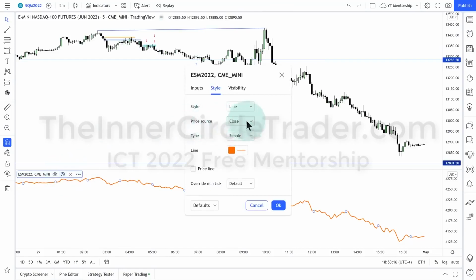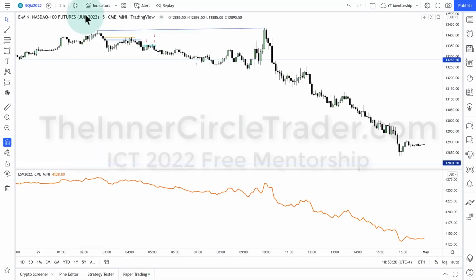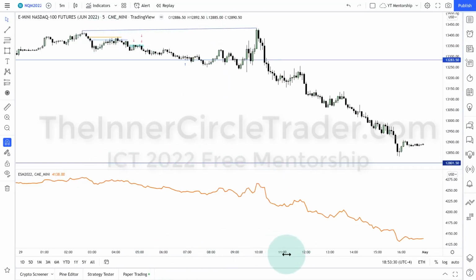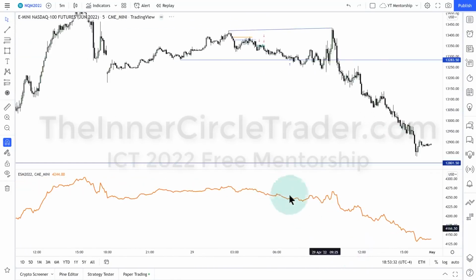Price source, you want to change that to high. And you can see high to high, high to high. Higher here, lower there. So it looks like a divergence. You see that? With an indicator. But it's not an indicator, it's price.